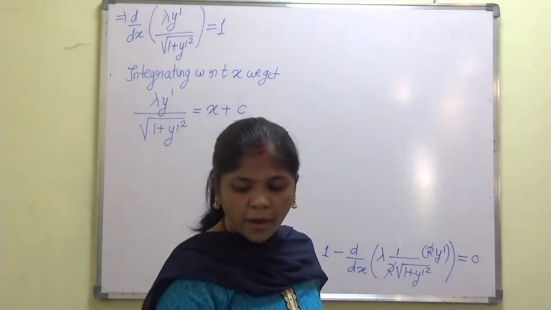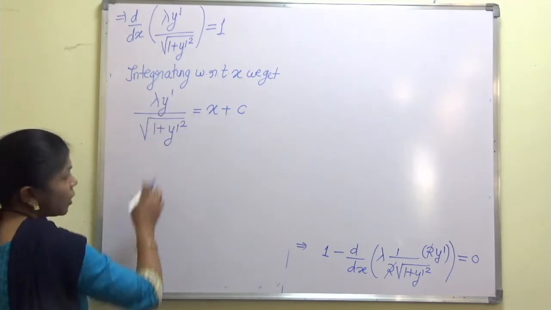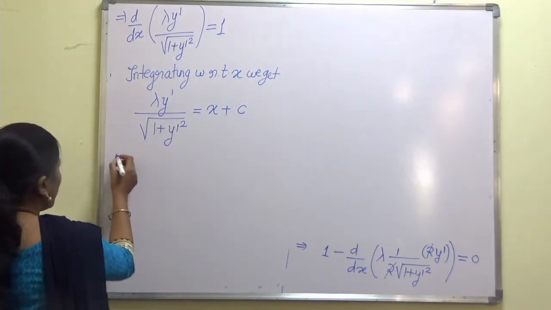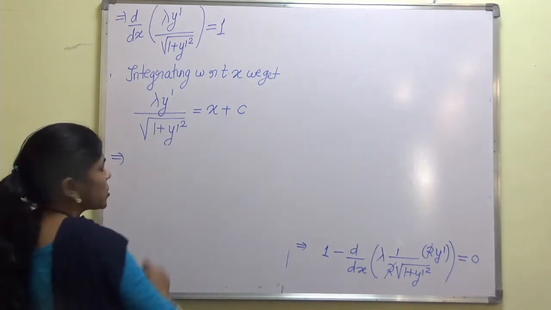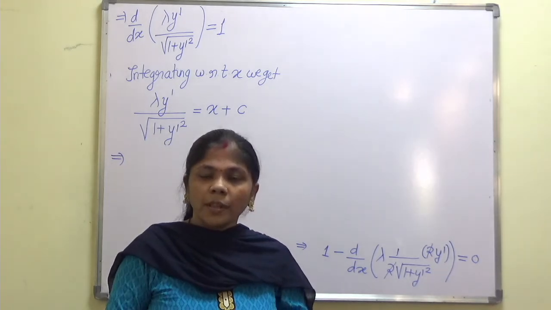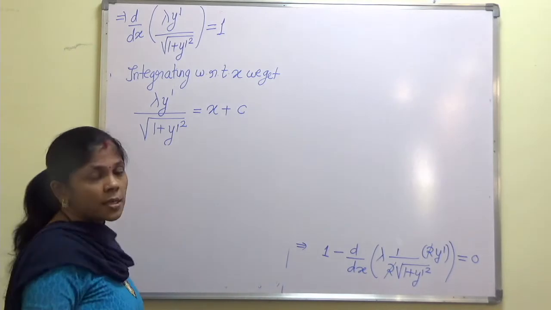Next, as we wish to obtain the derivative term y dash, we will first remove the under root sign. For that we need to do the squaring.